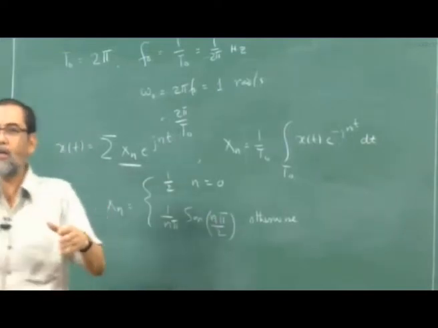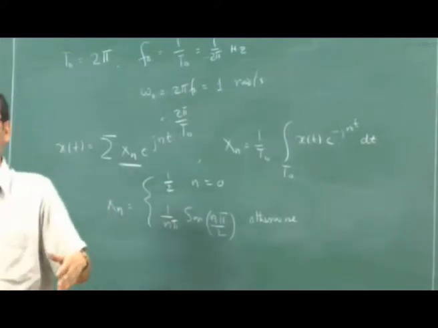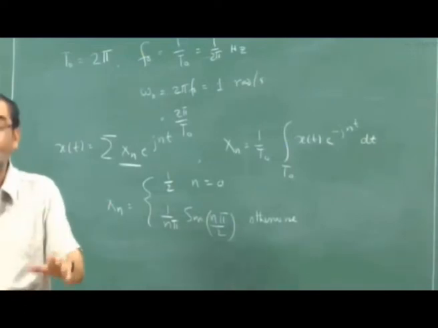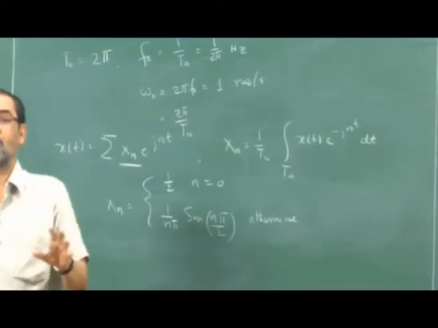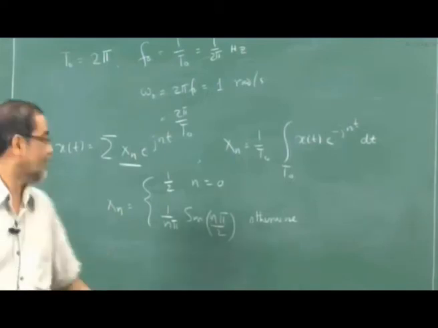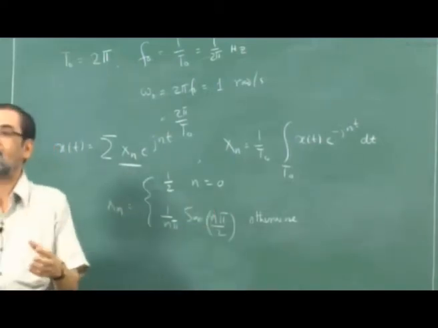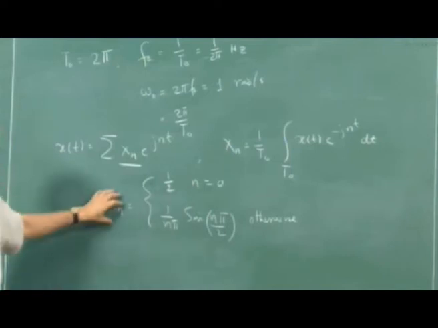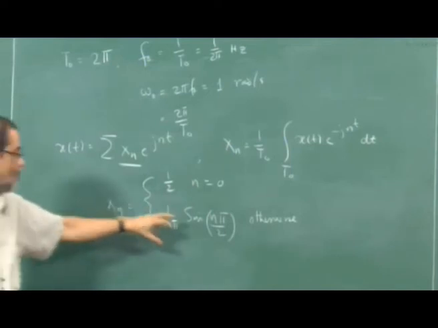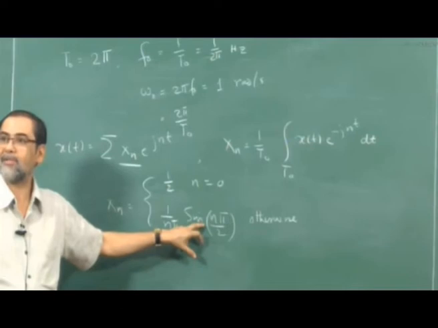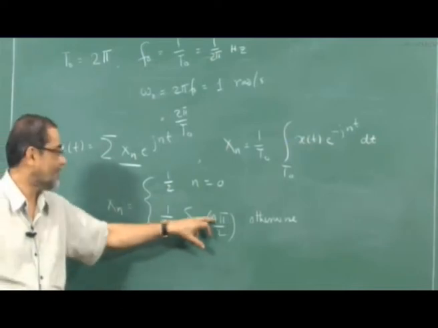So for all even values of n, negative or positive, it does not matter, this goes to 0. So the Fourier coefficients exist only for odd values.